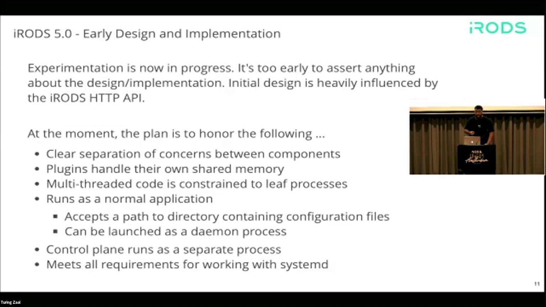That makes things easier for people to deploy in different situations. There's also the idea of maybe having the control plane become an actual process as well. And we want this to work gracefully with systemd, because we know people have made many requests about wanting iRODS to ship with unit files.